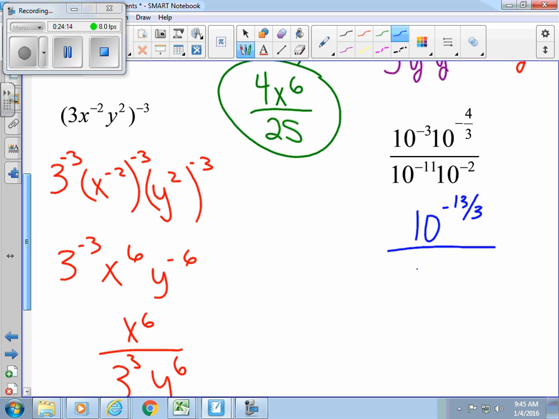And on the bottom, I get 10 to the negative 13. I added the exponents. Any questions? So on the top, I did negative 3 plus negative 4 thirds, and on the bottom, I did negative 11 plus negative 2.